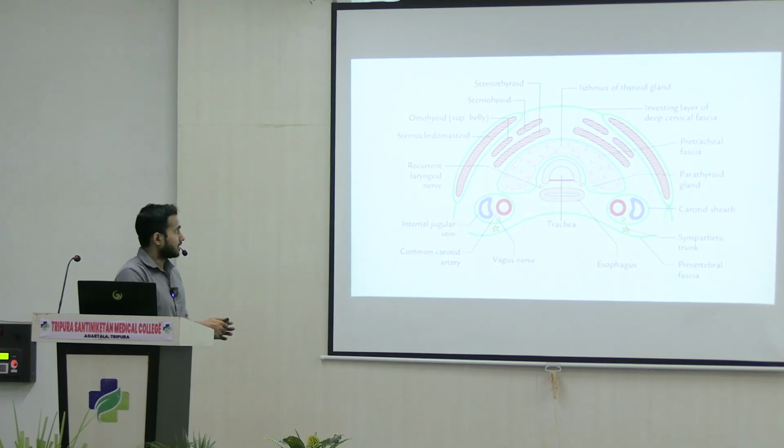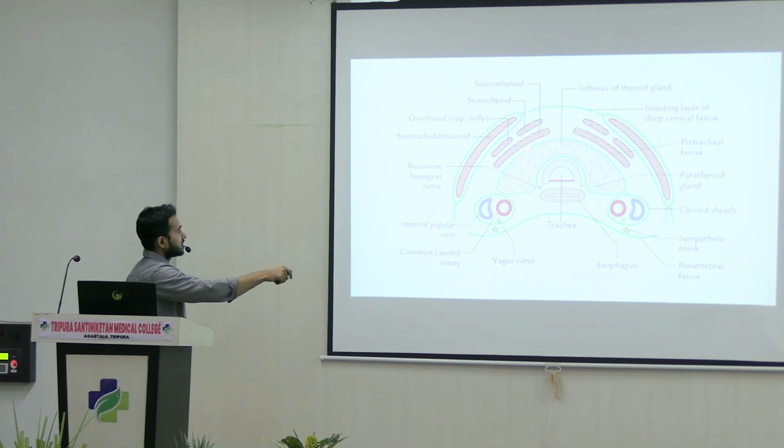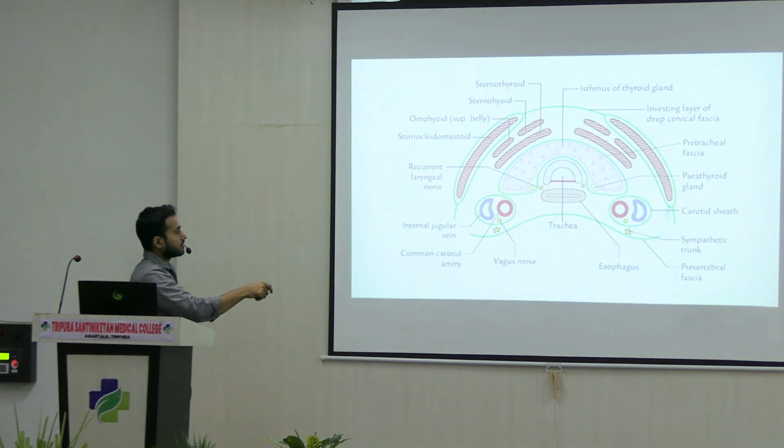Now here, this particular part is the superficial or lateral surface. Here also, superficial lateral surface. The superficial lateral surfaces are covered by these muscles. As you can see, the sternothyroid muscle is there, the sternohyoid muscle is there, the superior belly of omohyoid, and a small part of the sternocleidomastoid muscle.